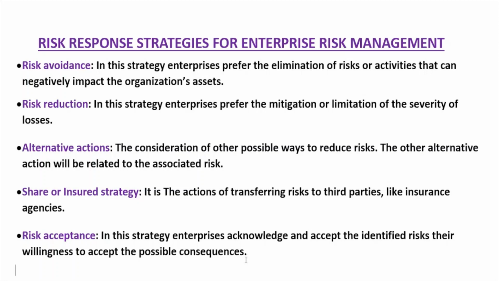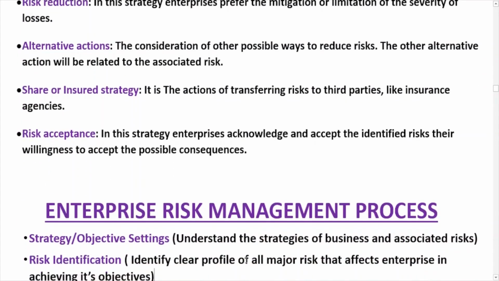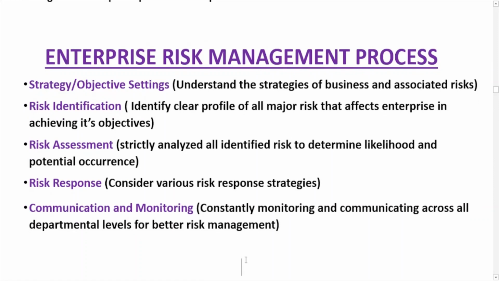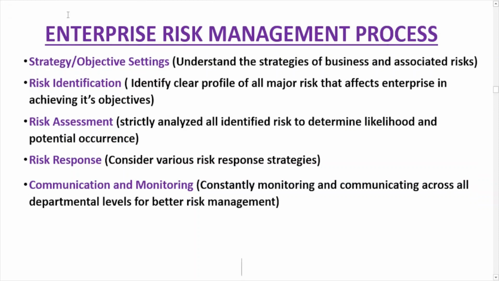Now let's move to our last slide, which is on the core elements of the enterprise risk management process. Enterprise risk management follows a very distinct and ongoing process, where it actively identifies and assesses the various strategic and major risks to ensure financial security for the business.